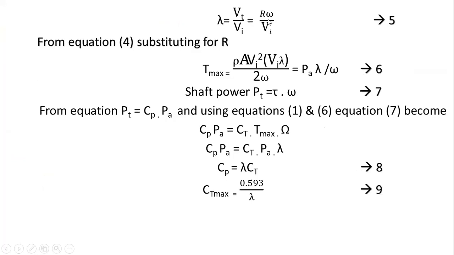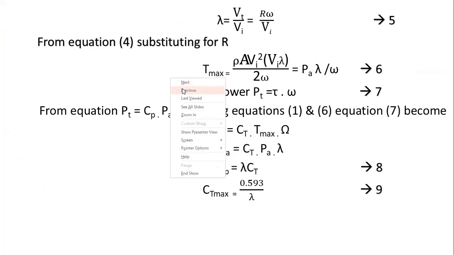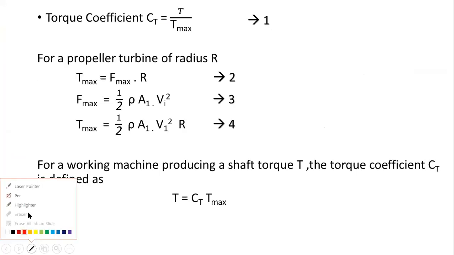If I substitute this R value in equation 4, I will get T maximum. In place of R, I am substituting lambda into Vi by omega.